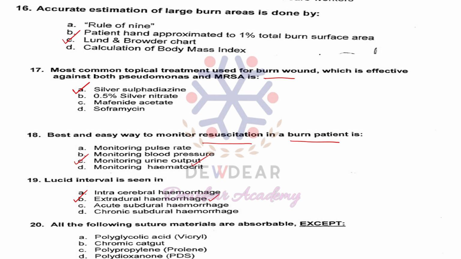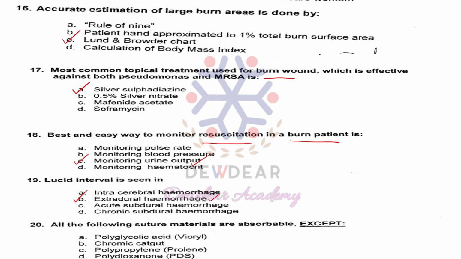Then question number 20. All of the following suture materials are absorbable except. Options are polyglycolic acid or Vicryl, chromic catgut, polypropylene or Prolene, polydioxanone or PDS. So among these, which is the non-absorbable one?